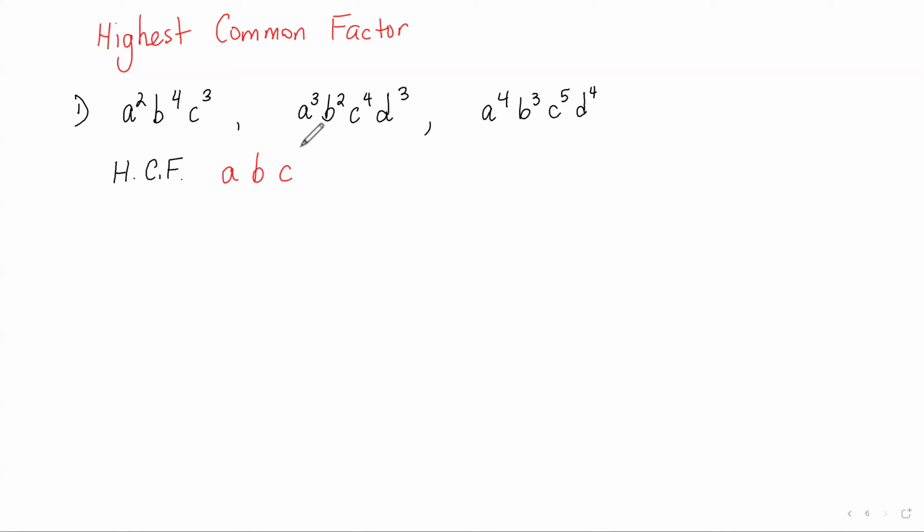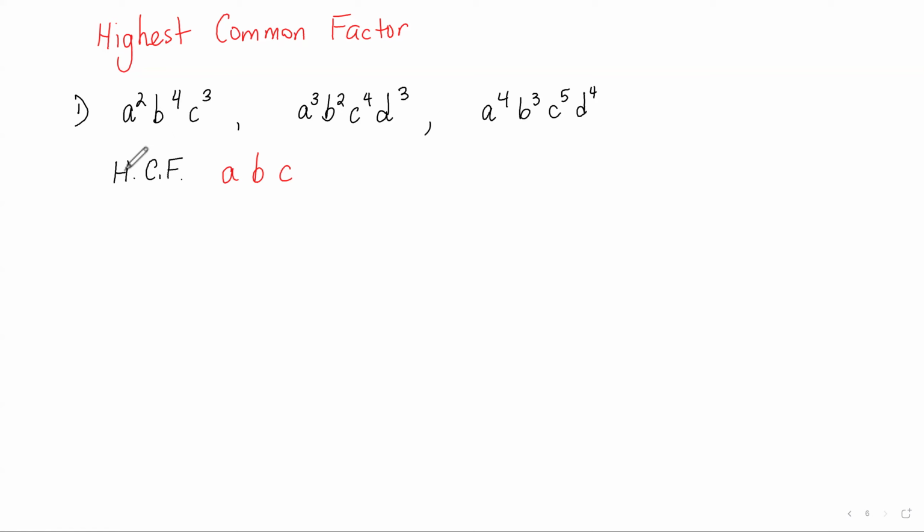So D cannot be involved in the highest common factor, right? The next thing that you do is you choose the index, the lowest power of each quantity, meaning you choose the lowest power of A, B, and C that is common to all of them.